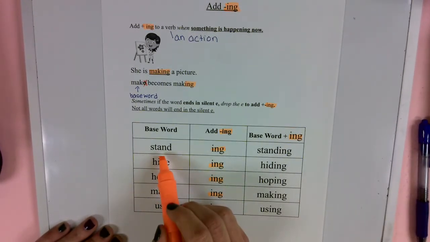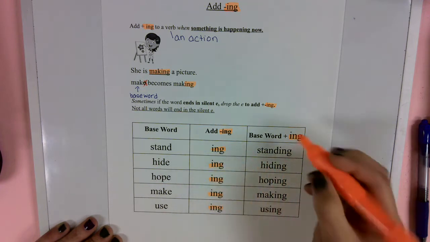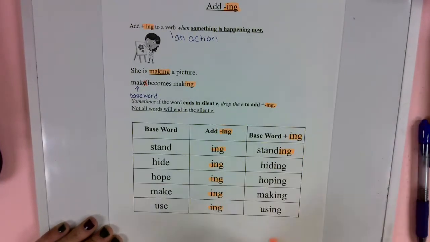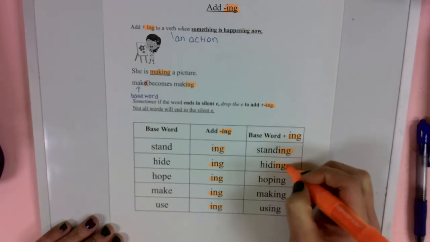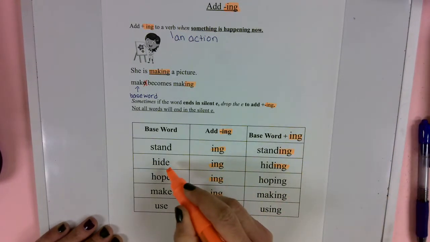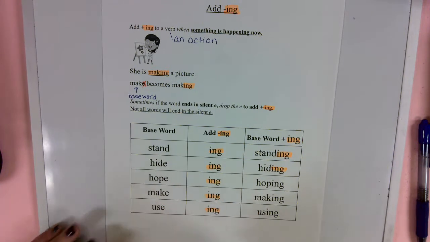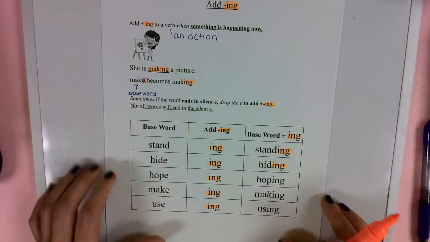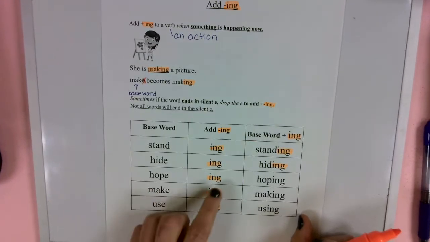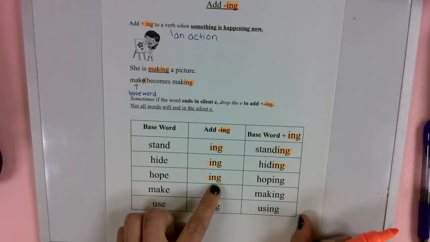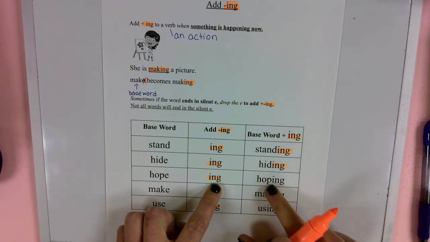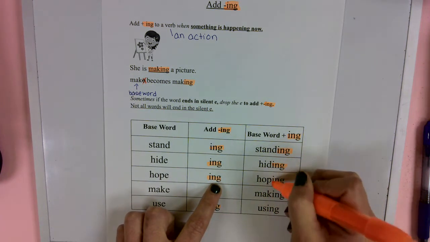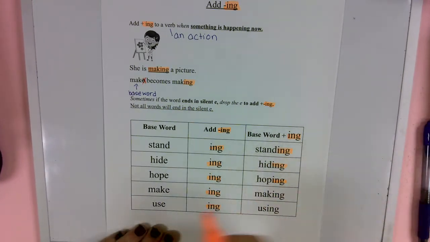Good job. Now our job is to add that ing to everything. So stand-ing. What do we get? Standing. Hide-ing. Hiding. But remember, we have to take away that e, because if we write it with the e, it's going to look very silly. Hope. Take away the e, add the ing, you get hoping. Make.